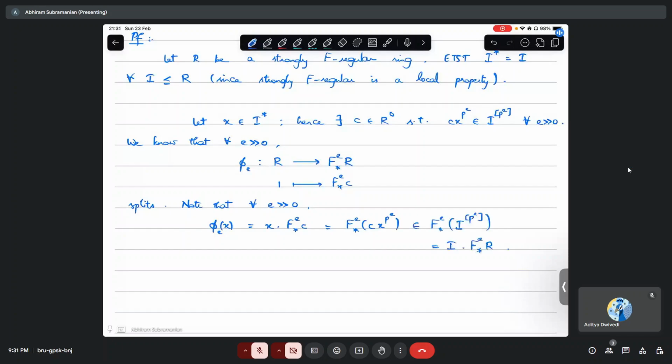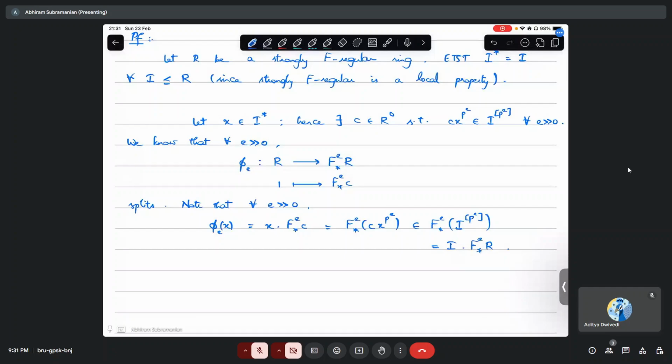But there exists psi from Fe star R to R such that psi circle phi e is identity on R. Isn't that so?